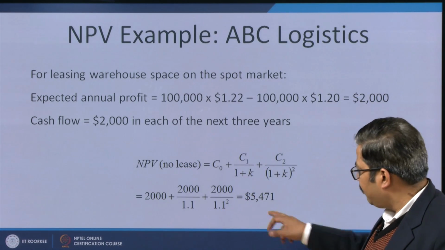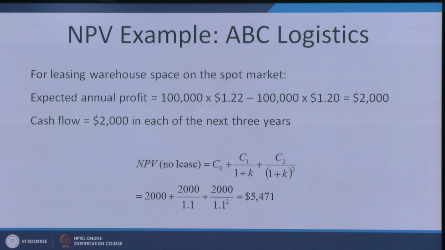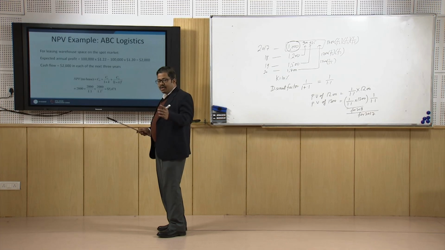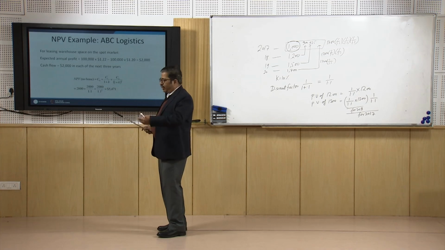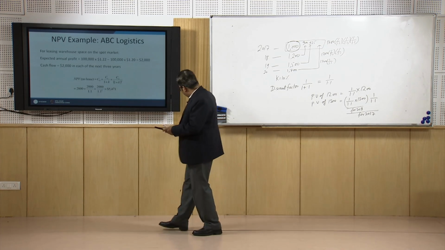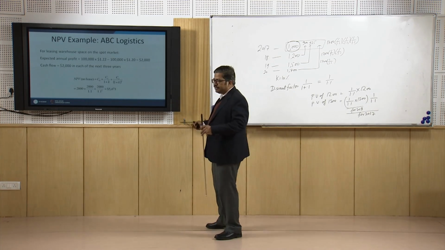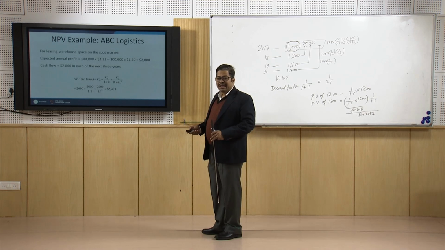So the net present value, the total cash flow in terms of present value, is $5,471. This is when you are not going for the lease agreement, and you are doing the spot arrangement for your requirements. The other alternative is you can go for the lease arrangement.